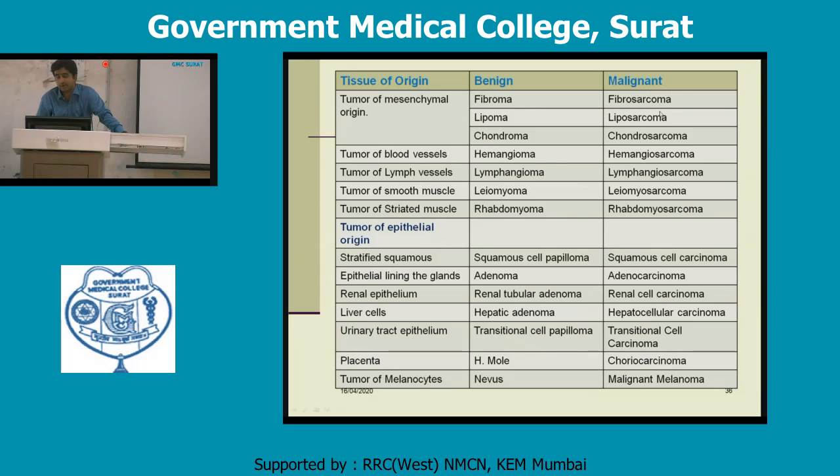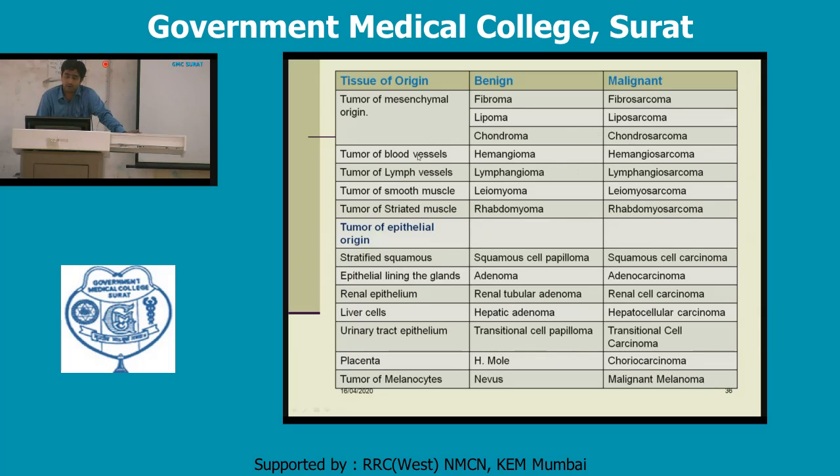If it originates from epithelial origin, then the suffix will be carcinoma, like squamous cell carcinoma, renal cell carcinoma, transitional cell carcinoma. But if the tissue of origin is mesenchymal, then it is sarcoma. For example, if the tumor is of mesenchymal origin, the benign condition is fibroma and the malignant condition is fibrosarcoma. Similar to that, lipoma, liposarcoma, chondroma, chondrosarcoma.